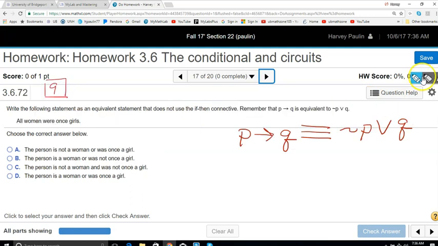For number 9, we're looking at the directions here. Write the following equivalent statement that does not use the if-then connective, and they're giving you the equivalency. The 3 lines here, 2 would be the equal sign, 3 lines indicate equivalency.